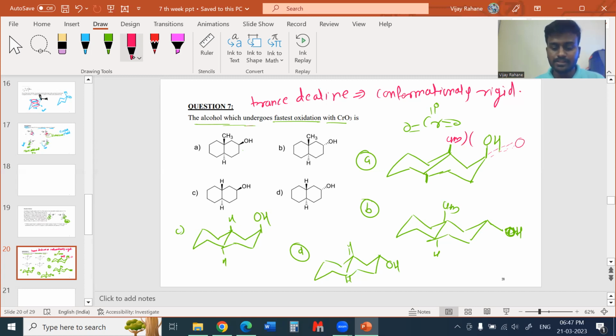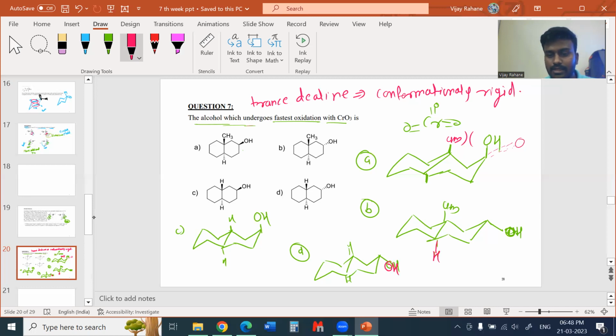So what will be the transition states for all of these? These are the hydrogens in C and D options. Here the hydrogen does not have that much effect on the activity of this hydroxy group. Here it is on the equatorial side, and in this one also it is on the equatorial side.